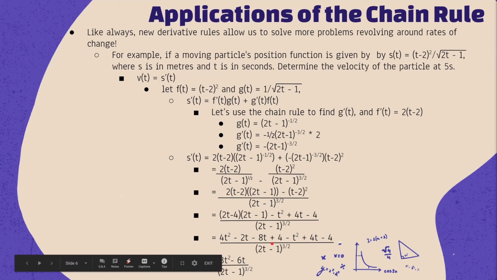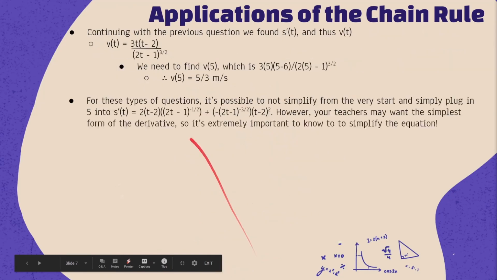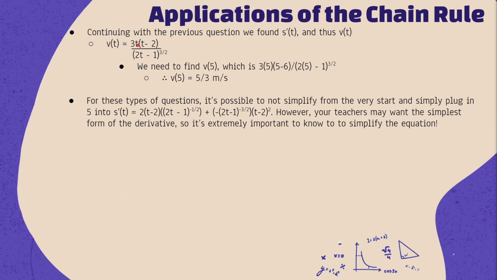The last step that we could do is actually remove the t from the numerator, and so we get 3t times t minus 2, and all of it is divided by 2t minus 1 to the power of 3 over 2.